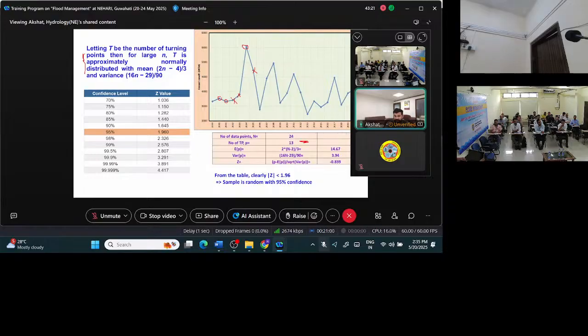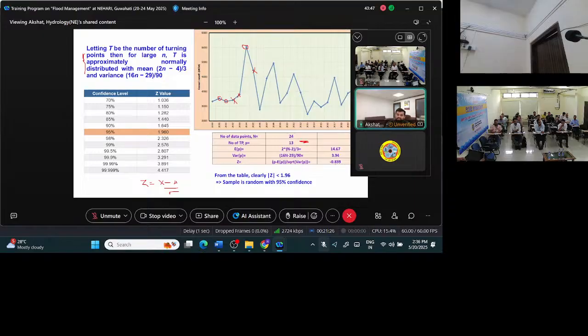We calculated the expected value of the turning points TP and the variance, and on the basis of the normal distribution, the standard normal variate is (x minus mu) by sigma. So this is what we calculated, the z value, the standard normal variate.